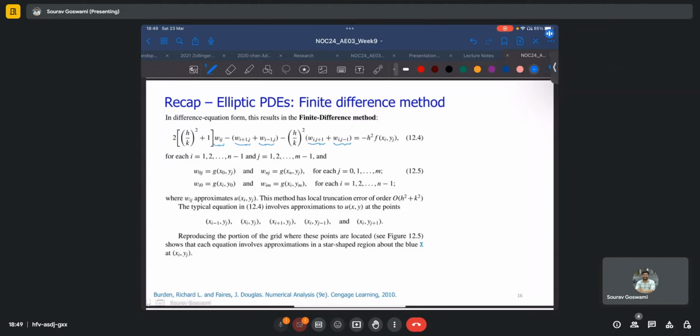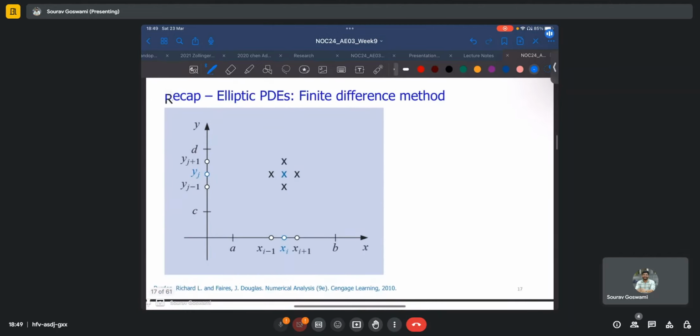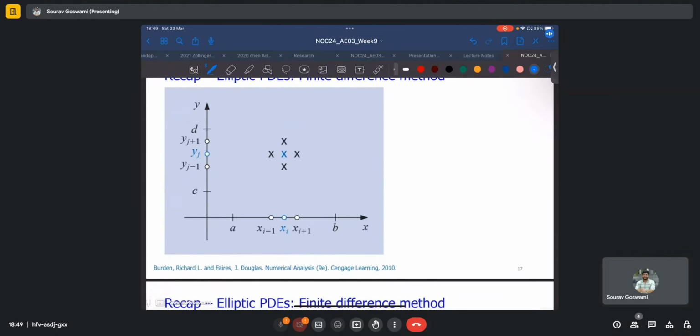Now, this typical equation will involve approximations to the function u of x,y at these mesh points that we saw. So, xi minus 1 yj, xi yj, xi plus 1 yj, xi yj minus 1, and xi yj plus 1. And we can visualize it here. So, to obtain the information for this point in the center shown in blue, we'll utilize information from these other points which surround it: 1, 2, 3, and 4.